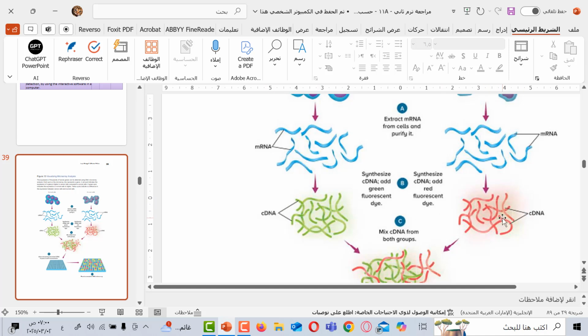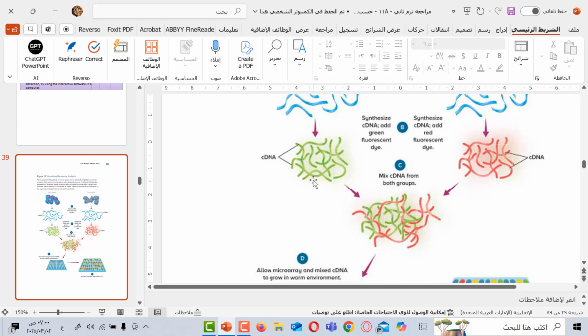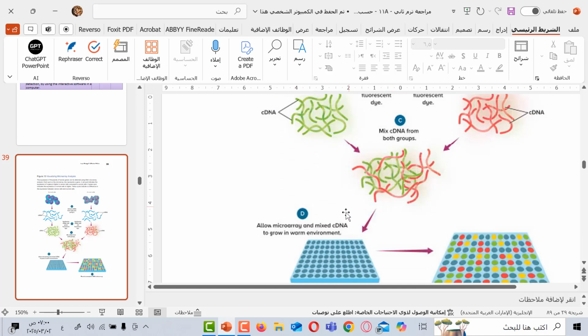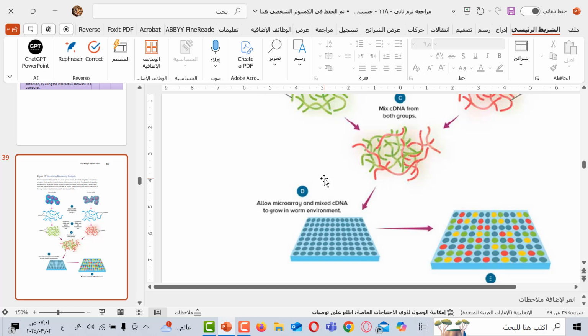One is tagged by red color, and the other is tagged by green color. This technique is used to differentiate between the DNA in a normal cell and another cell. After that, they put it on the microarray slide and see what happened.